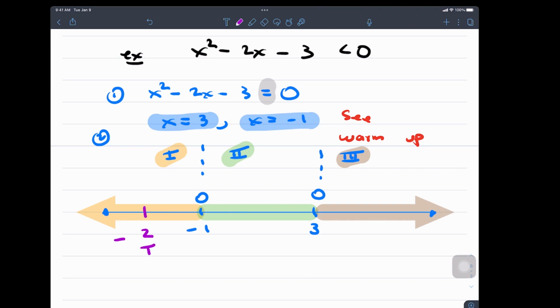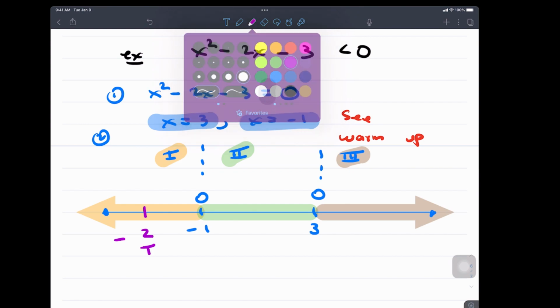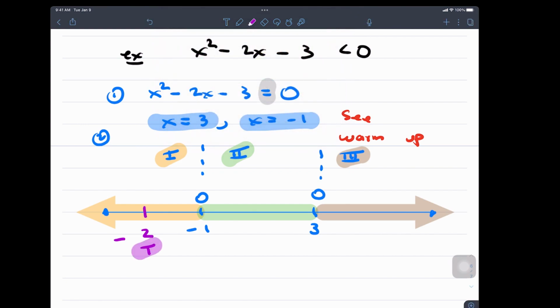See, -2. Okay, there's a test point. Okay, give me a number in region 2. Love 0. Do you guys know why I love 0 so much? The computation is easier to work with a 0. Okay, give me a number in region 3 now. What number? 4. There we go. Test point there. Easy breezy lemon squeezy for this one.